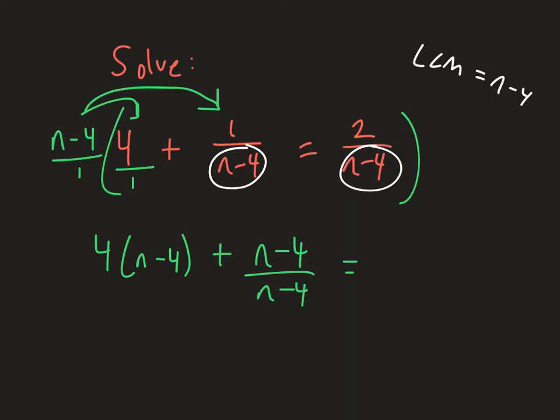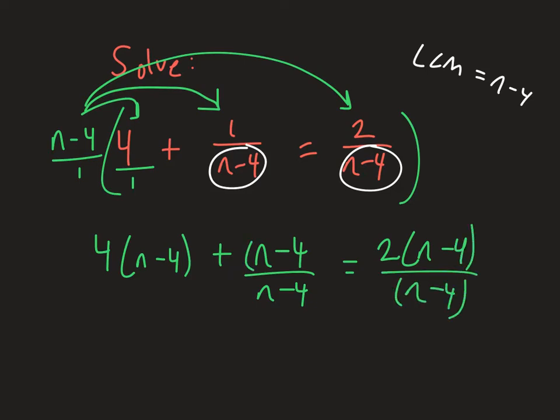Okay, and that whole term is actually going to cancel out to be 1 in a second here. And then in the next step, it's 2 times n minus 4 over n minus 4. Okay, and hopefully we can see in that term on the right there, the n minus 4s are going to cancel out. It's just going to become 2. But again, I'm just showing every single step so as not to miss anything.